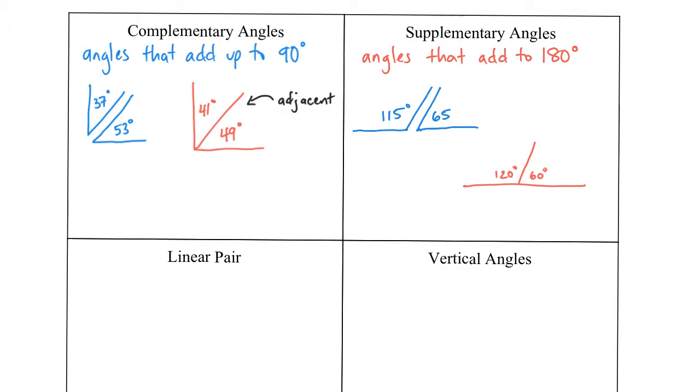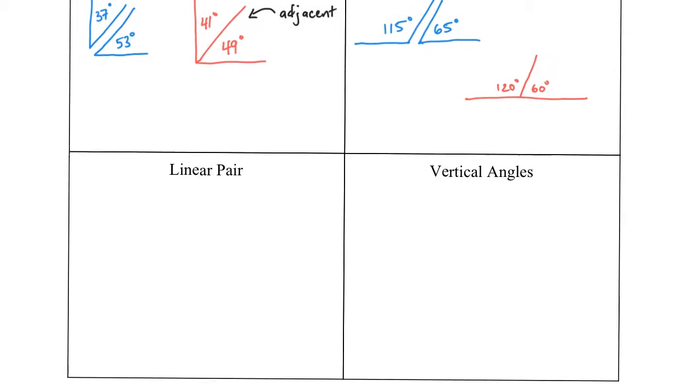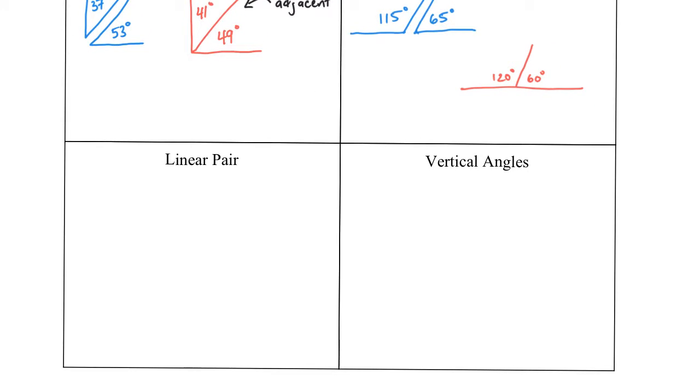I guess I should put my degree symbols on there. Now, it turns out that this one here, where the angles are both supplementary and adjacent, those get a special designation, and that designation is linear pair. So when we drew this picture right here, not only are these angles supplementary, but they are also a linear pair.